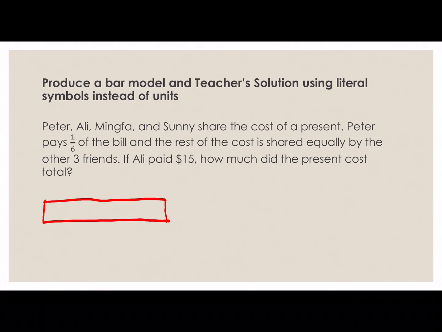Now, Peter pays 1/6 of the bill, so we need to divide this bar into 6. So I divide it in half, and each of these halves I divide into thirds. Then I'm going to shade the first part, which is Peter's, and label it. So that's his portion, 1/6.